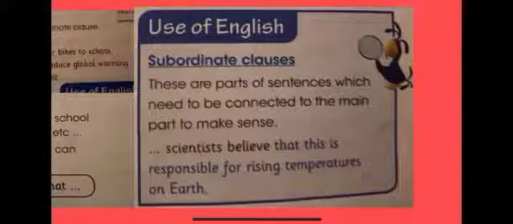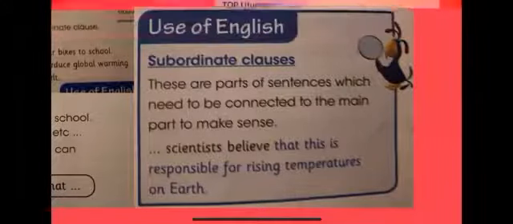So "scientists believe" is additional information. It's a subordinate clause. Scientists believe what? If I just write "scientists believe", then it will not make any sense. So it needs to be connected to the main part of the sentence, which is that this is responsible for rising temperatures on Earth. Fine.